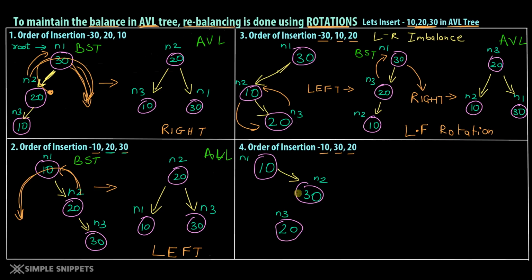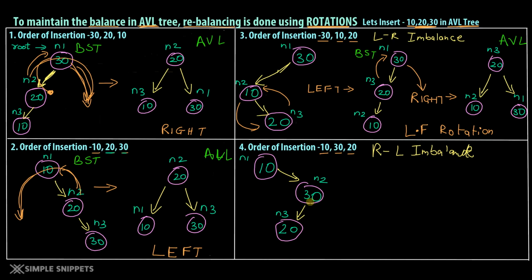N2 is the right child of N1 and N3 is the left child of N2. So N3 is still to the right of N1 because N3 is greater than N1, but N3 is smaller than N2. So again you can see this is not directly a right imbalanced or a left imbalanced binary search tree, but it is a combination of both. So hence it is usually called a right left imbalance.